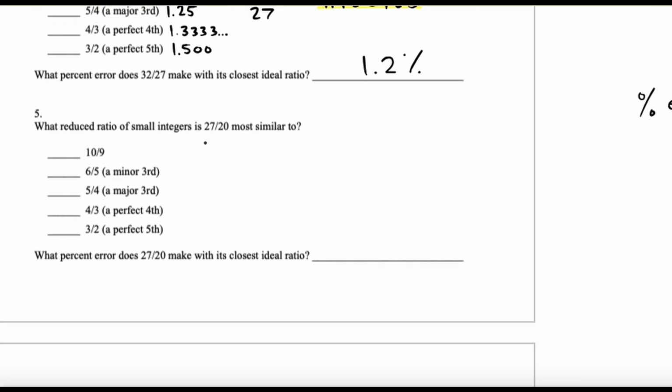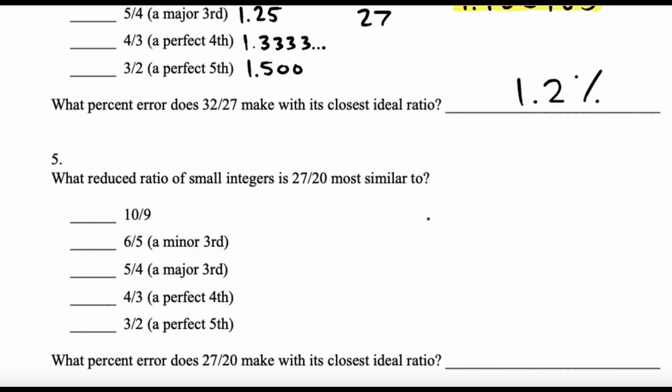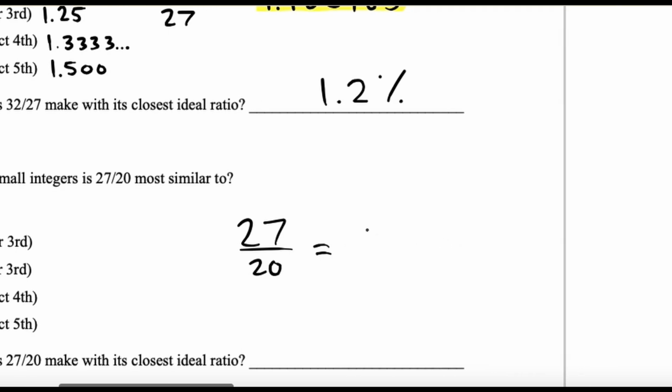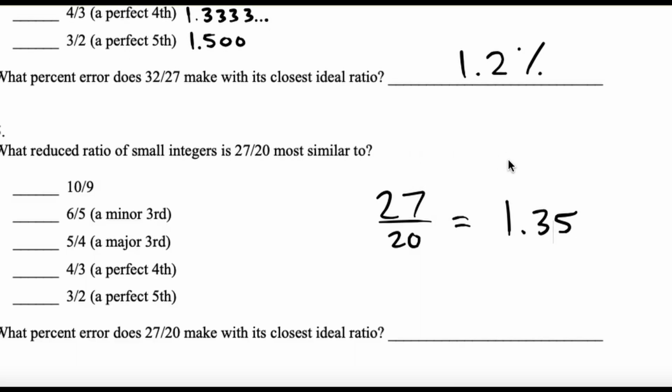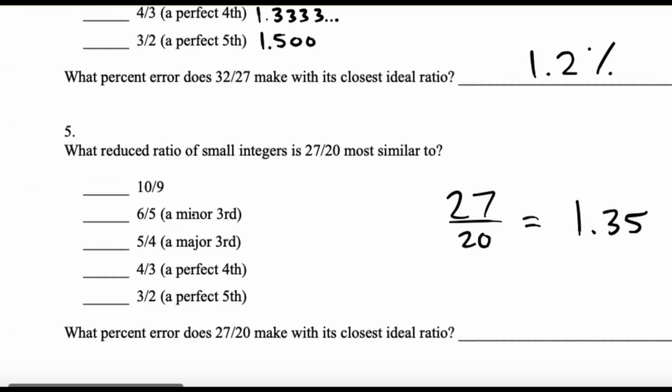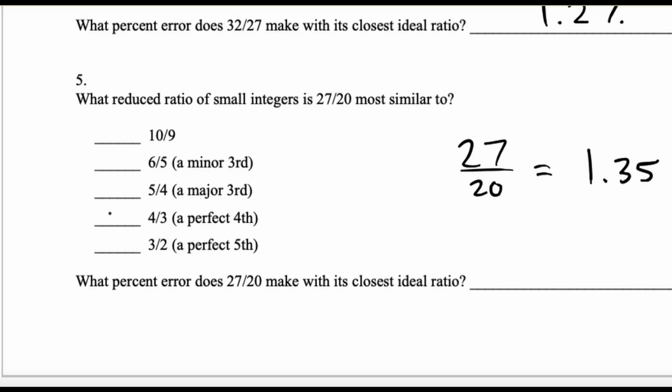Our next one says, what's wrong with 27 over 20? We determined that it was 1.35 as a decimal. So what's it closest to? It's closest to a perfect fourth, which is 1.333 repeating.